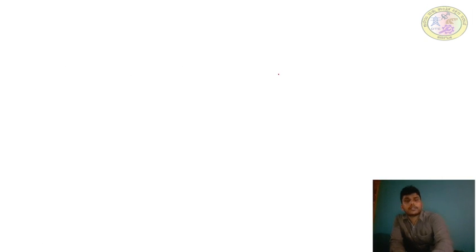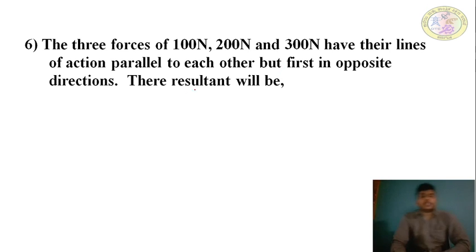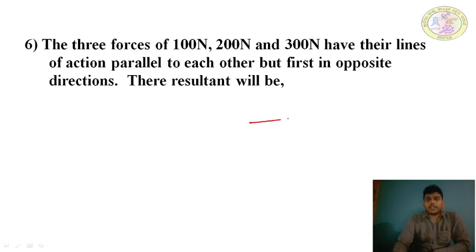Sixth question. The three forces of 100 Newton, 200 Newton, 300 Newton have their lines of action parallel to each other, but the first is in the opposite direction. First is 100 Newton, which is in the opposite direction, and 200 Newton and 300 Newton are in the same direction.